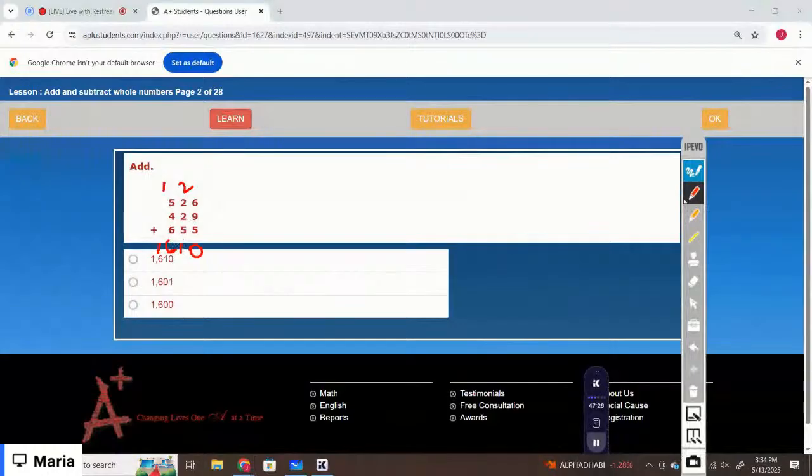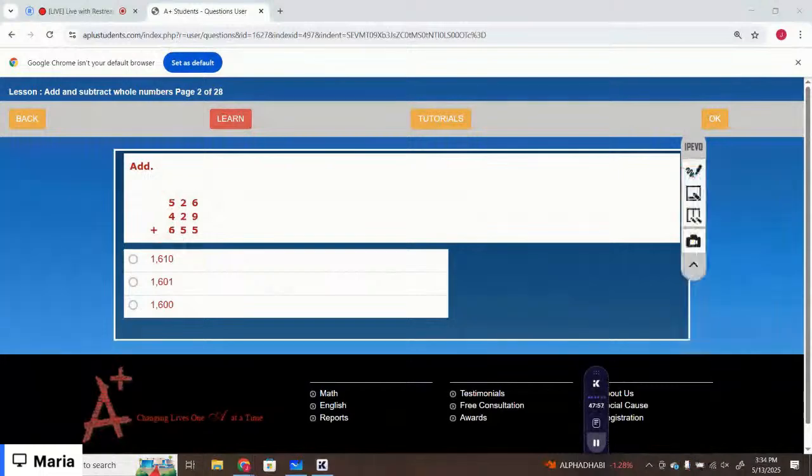That is 1610. Option number 1 is the correct option.